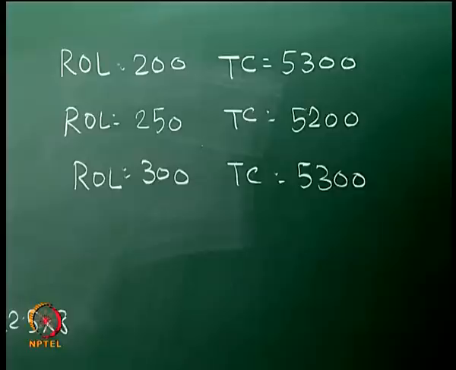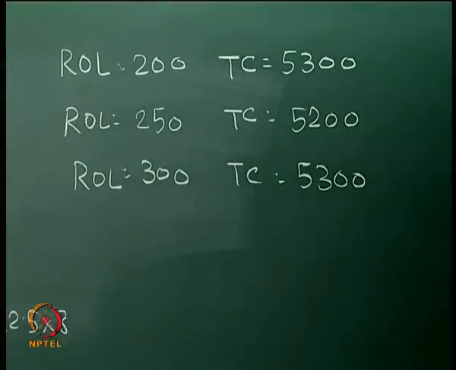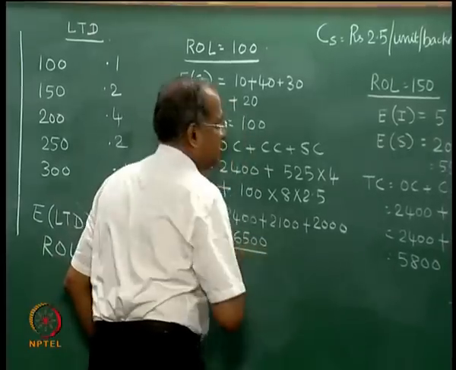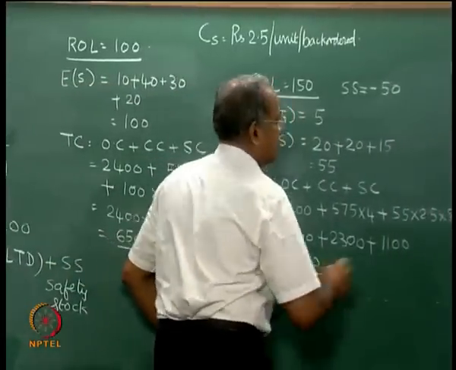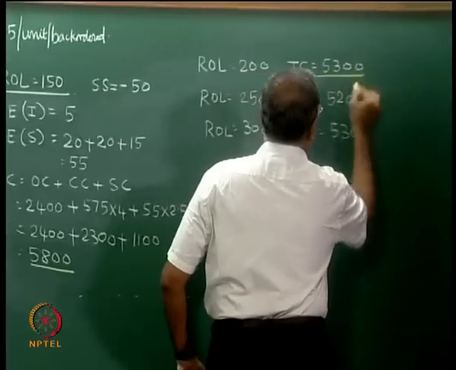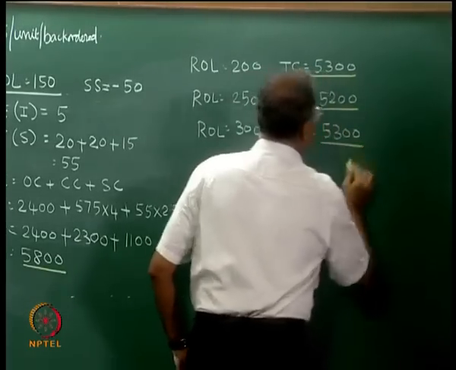So now based on all the total costs that we have, the total costs are 6500, 5800, 5300, 5200 and 5300.